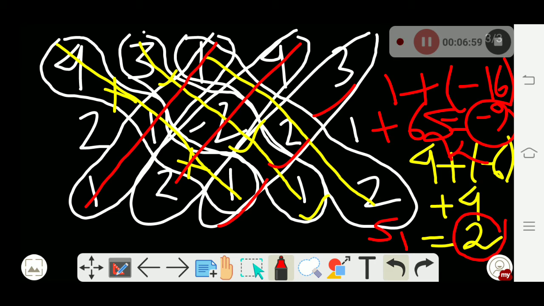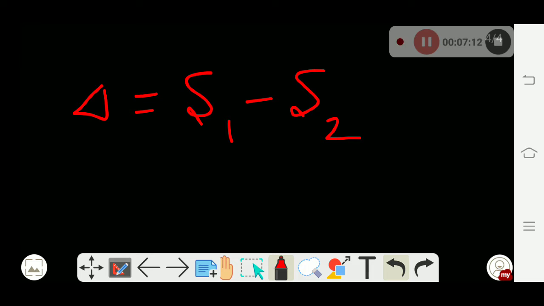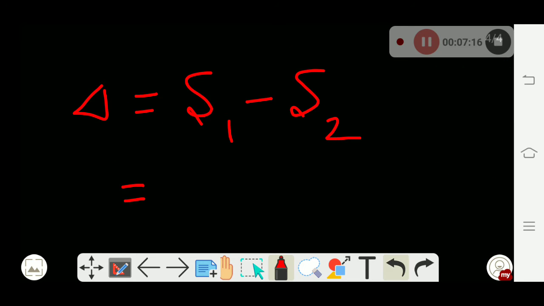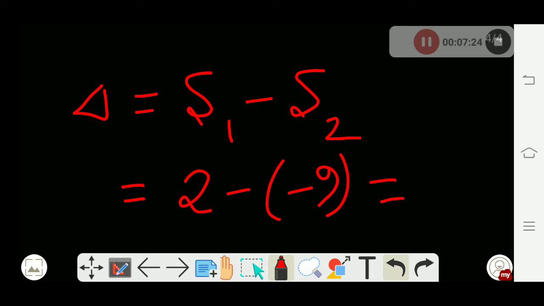So what the short trick says is that for finding the determinant, we need to do S1 minus S2. S1 from the previous page we are getting 2, and S2 is minus 9, so our determinant is 11.